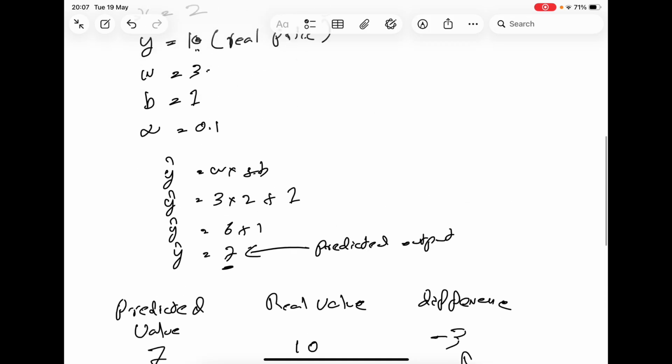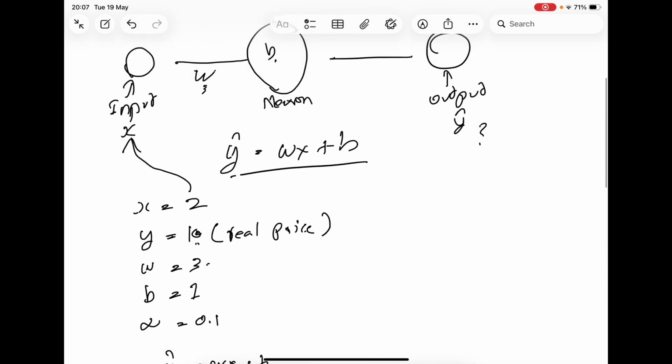So for example, say the input is square feet. Let's say we input to the network that a 400 square feet house is $5,000.